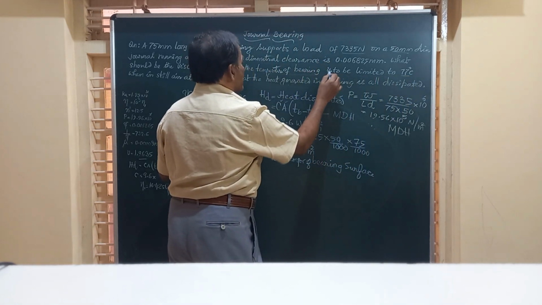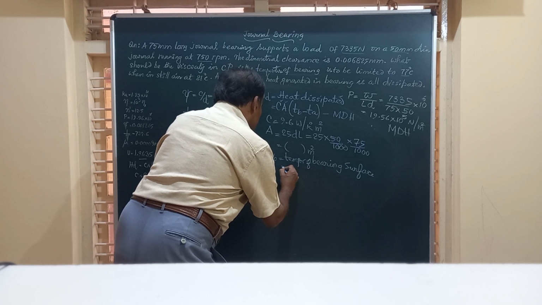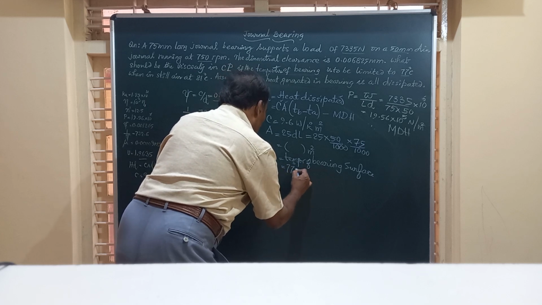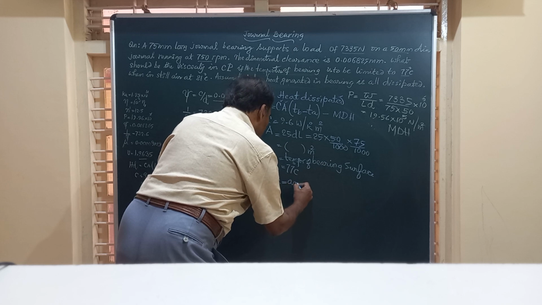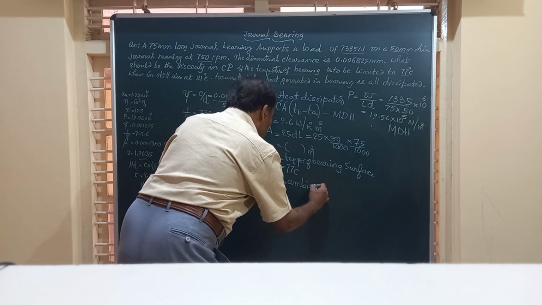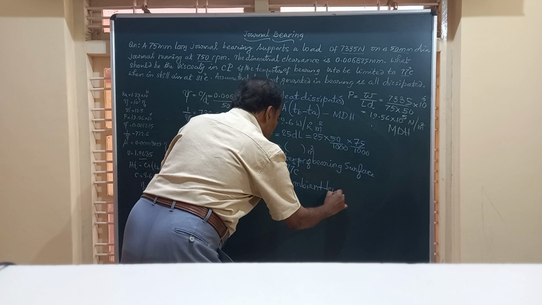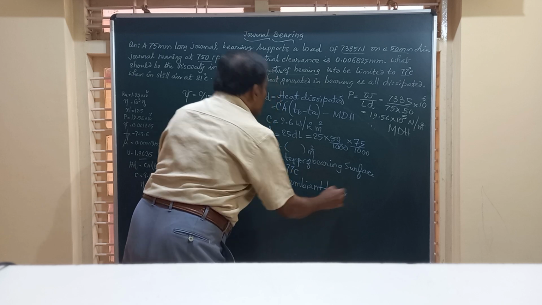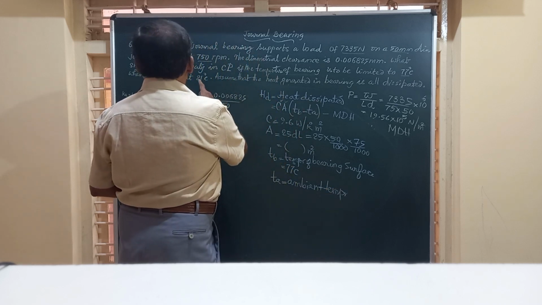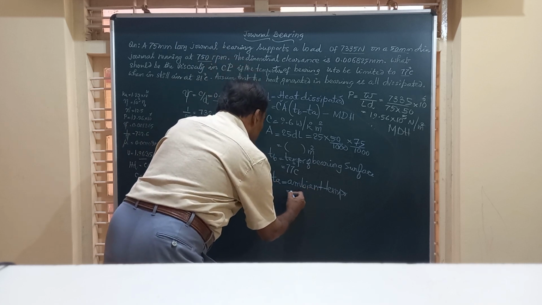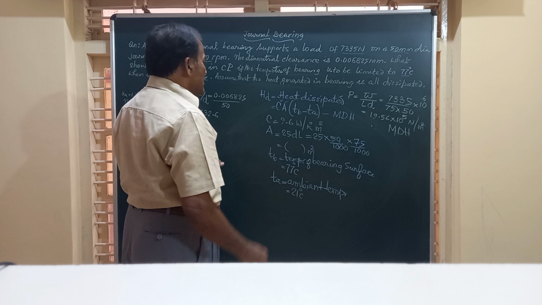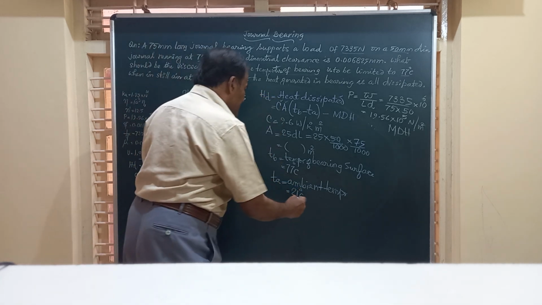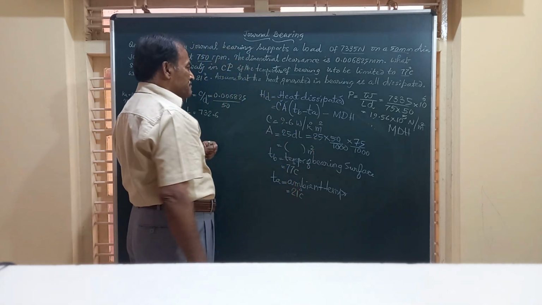The temperature of the bearing is 77 degrees Celsius, and TA is the ambient temperature or the room temperature, and that's also given as 21 degrees Celsius. So friends, you will get the total value of HD in terms of watts.